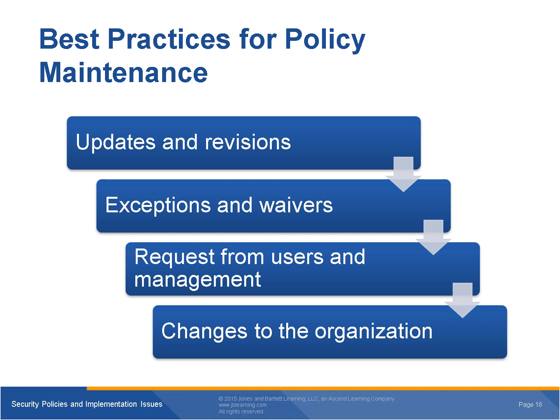So, updates and revisions. An update may be considered a non-substantive edit. Examples include updating a position title or department name, correcting a typo, and repairing broken web links. Revisions might be minor or major.